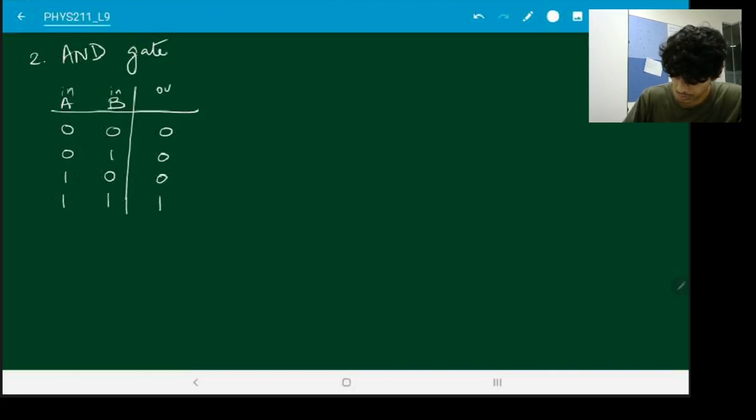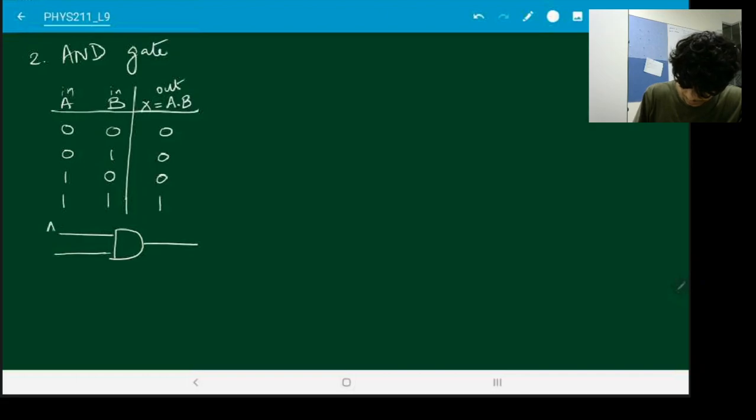So this output X is denoted as A dot B. The dot is read as AND. And the logical symbol for this is like this. So this is an AND gate.